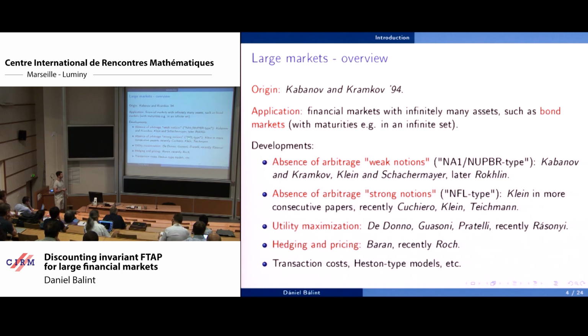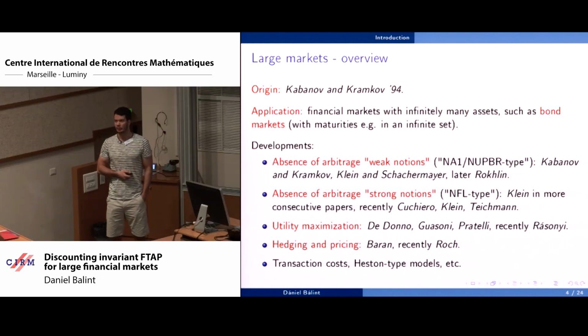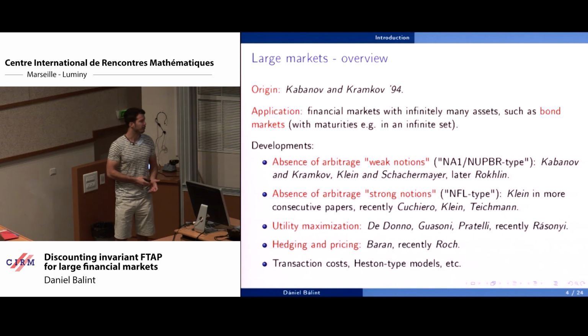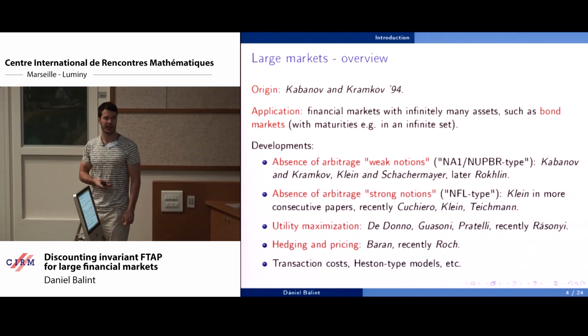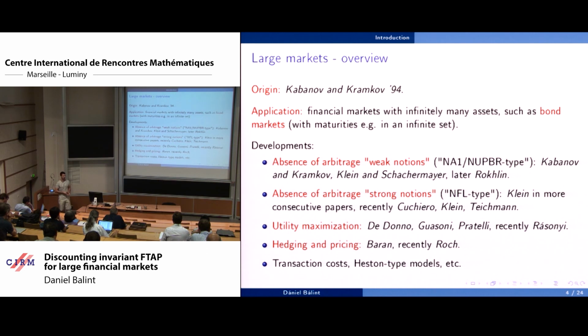Then in the strong sense, by which we mean some no free lunch type, I think probably the most important researcher improving this field was Klein in several consecutive papers, and then recently also Cuchiero, Klein and Teichmann. And then of course we have utility maximization developed in this field by De Donno, Guasoni, Pratelli, and later also Rásonyi, hedging and pricing by Bäuerle and Rokhlin, and other fields like transaction costs, Heston type models, and so on. So actually many things have been developed already for large markets.